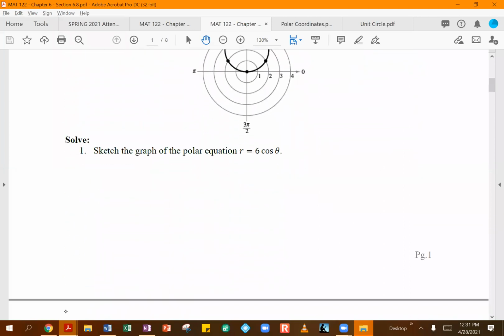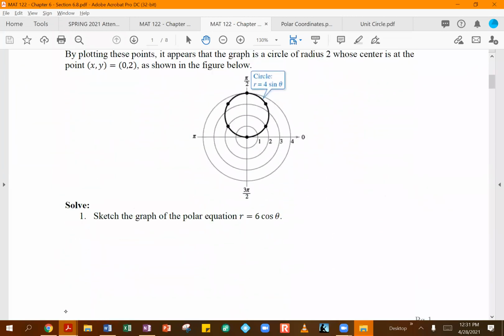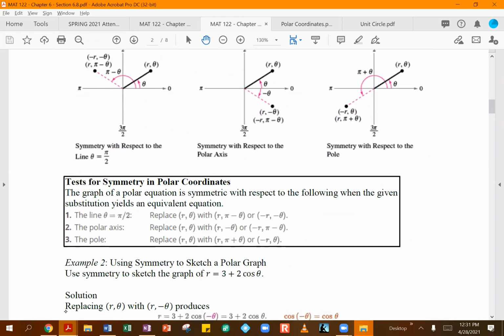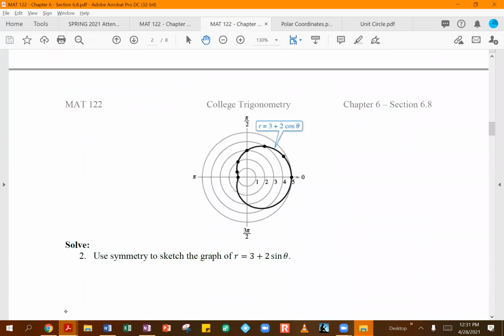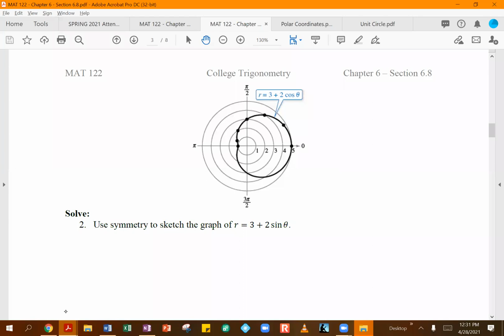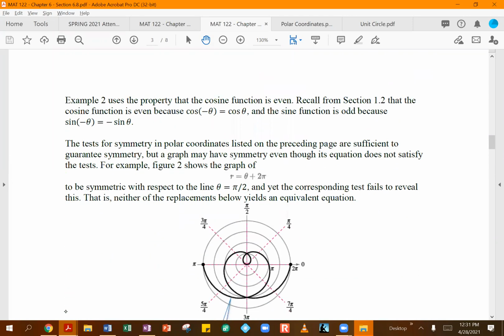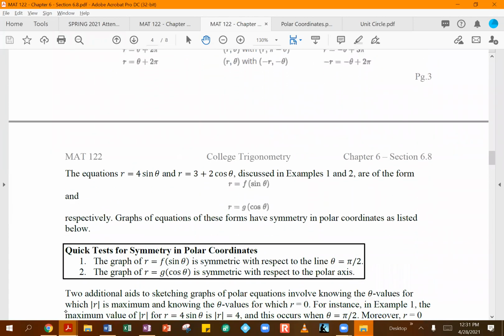I'm just hoping to show you the different shapes. You can come up with different shapes based on what your r and theta values are going to be and what your polar equation ends up looking like. So just look at all the different forms your graphs can take.